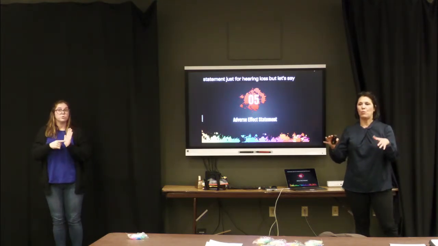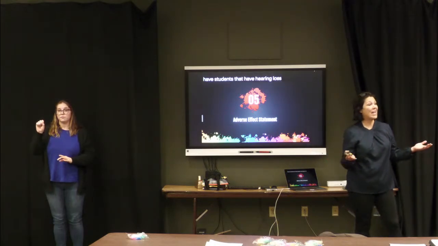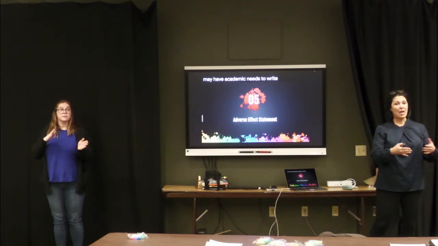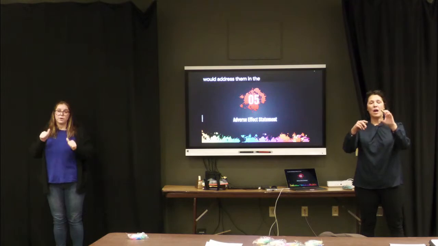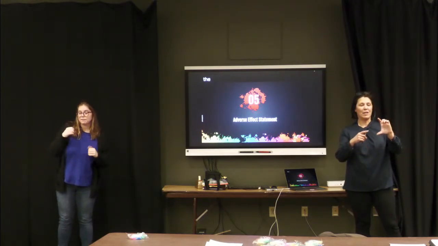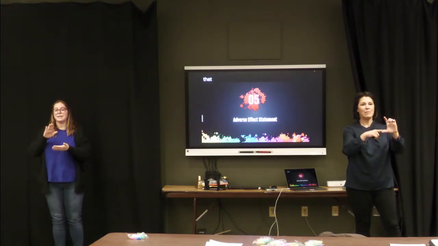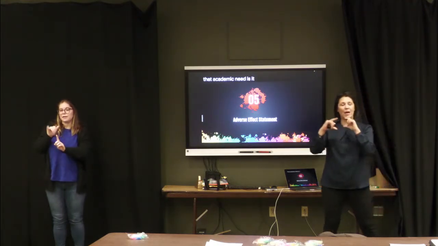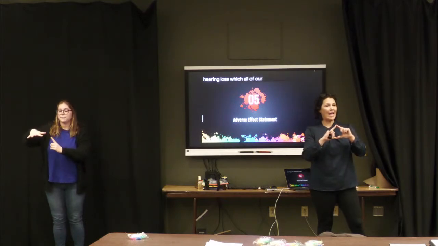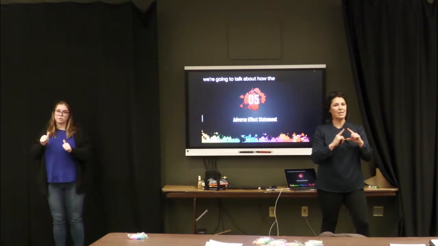But let's say we have students that have hearing losses, but they may have academic needs too, right? And we would address them in the present level. Under the academic present level, we'll talk about how that academic need is impacting them. When we're talking about the hearing loss, which all of our students have, we're going to talk about how the hearing loss impacts them.